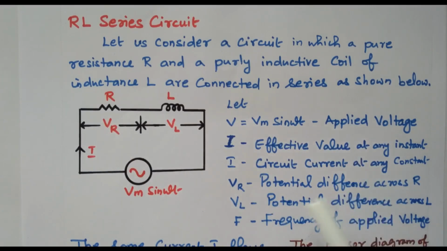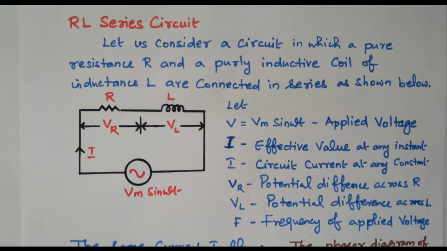Capital I is the effective value, small i is the circuit current at any instant. VR is the potential difference across the resistor R, VL is the potential difference across the inductor L, and f is the frequency of the applied voltage. Now we'll go to the analysis.